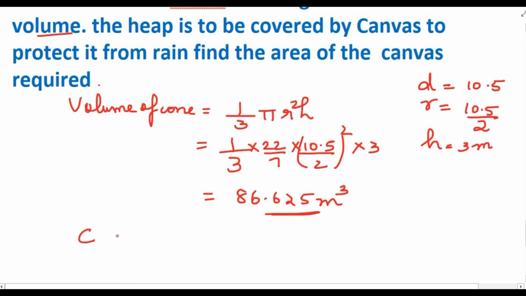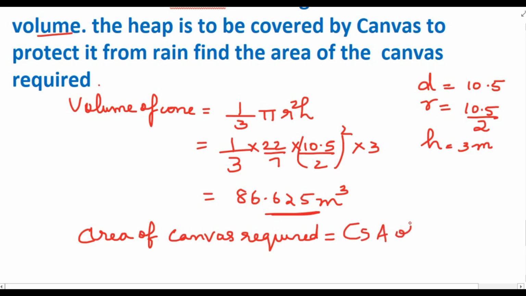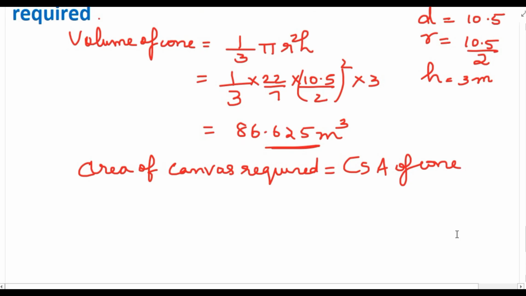Now curved surface area, area of canvas required to cover this heap of wheat. So area of canvas required is equal to, we need to find out CSA of cone, that is curved surface area of the cone, and curved surface area of the cone is pi r l. We don't know the value of l, so we'll find out l.